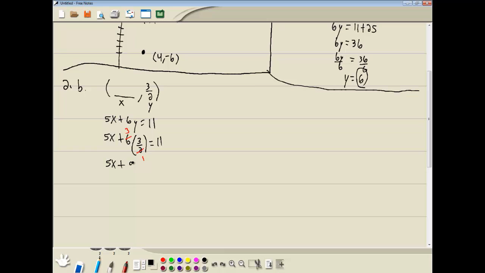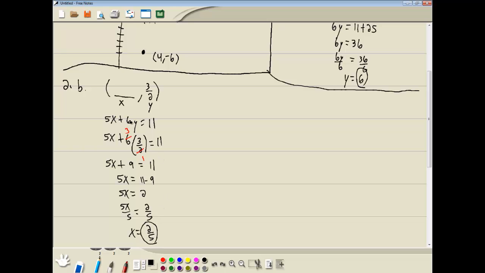So 3 times 3 is 9, so 5x plus 9 equals 11. Take the 9 over to the right side and we get 11 minus 9, which gives us 2. And then divide both sides by 5. And we get x is equal to 2/5.